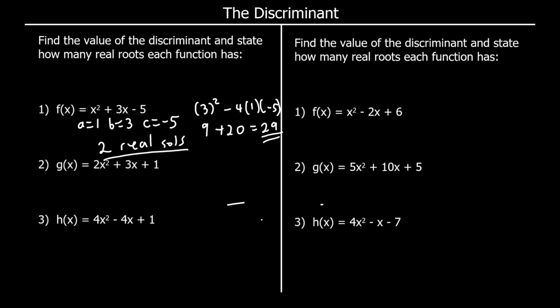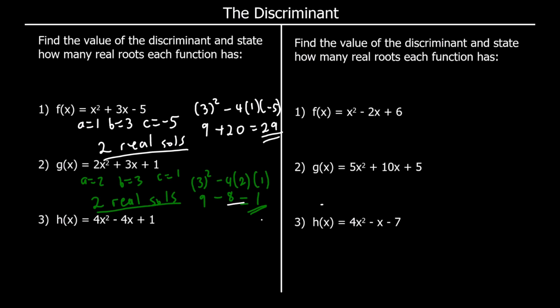G of x, so we've got a is 2, b is 3, and c is 1. b squared, so 3 squared, minus 4 times a times c. 3 squared is 9. Take away 4 times 2, which is 8. That's equal to 1. So again, it's positive. Two real solutions.